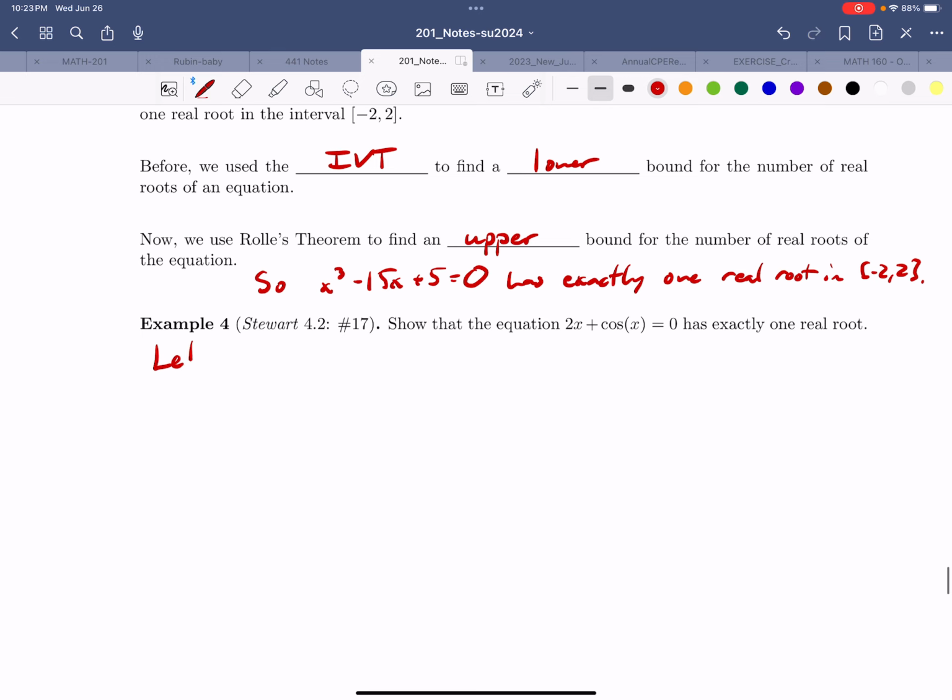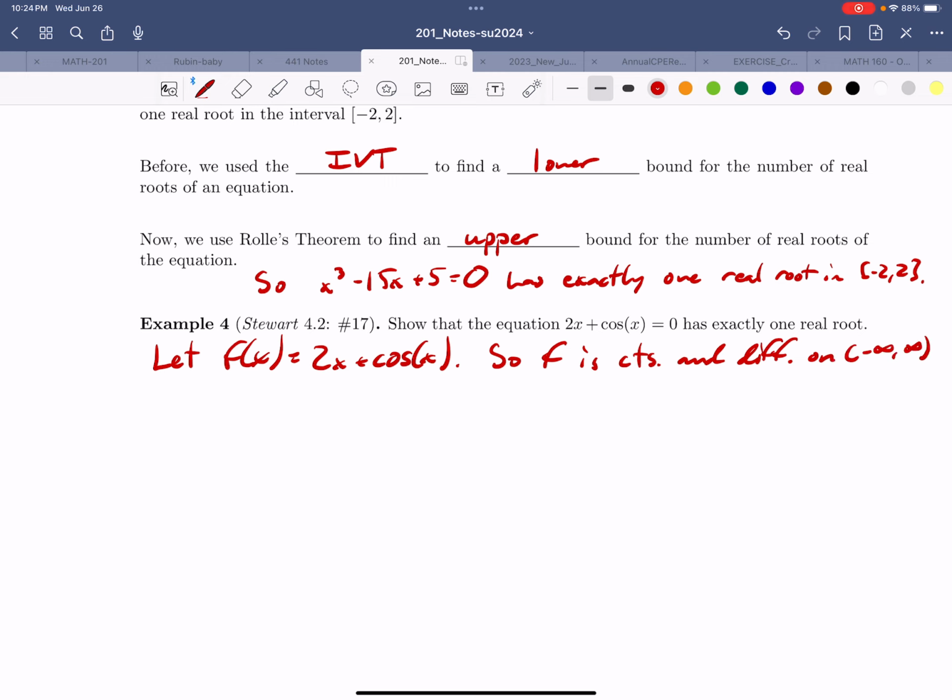First of all, we're going to let f of x equal 2x plus cosine of x. So f is continuous and differentiable everywhere. All right. So now we're going to do the same thing we did last time.